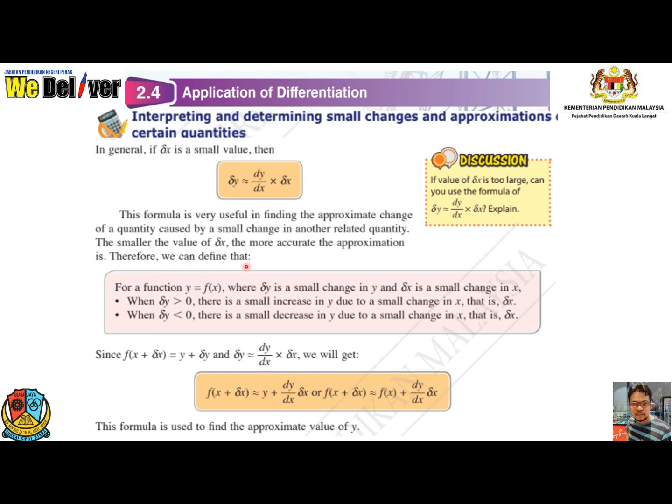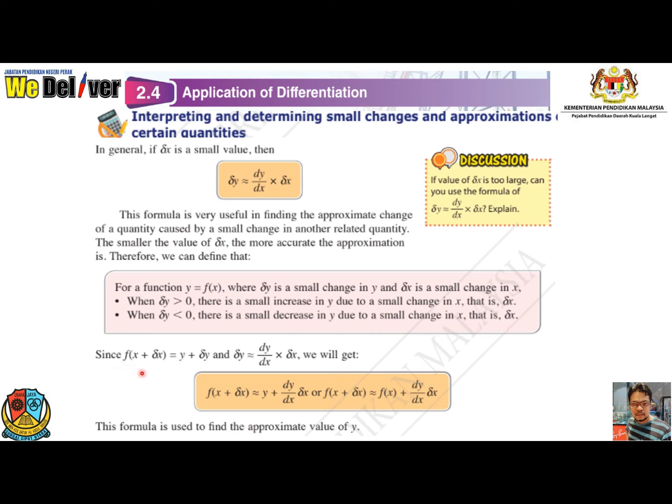Therefore, for a function y equals f(x), where delta y is a small change in y and delta x is a small change in x: first, when delta y is more than 0, that means delta y is positive, so there is a small increase in y due to a small change in x, that is delta x. Second, when delta y is less than 0, that means delta y is negative, there is a small decrease in y due to a small change in x, that is delta x.